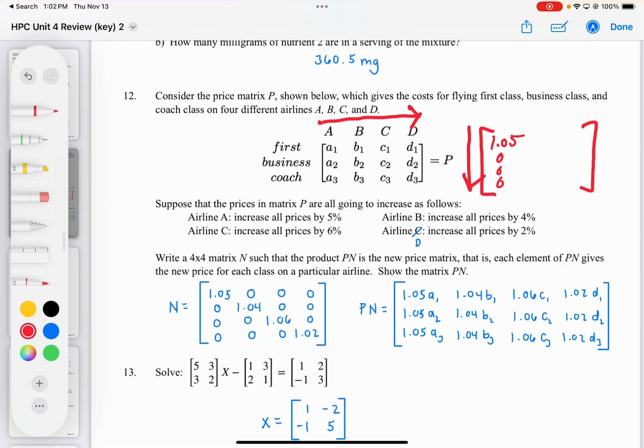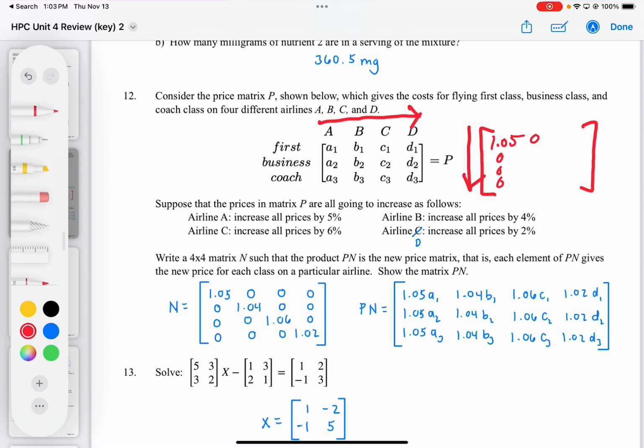Okay, and then 1.04 would be my next value, so I want my next column. If I multiply by my row and then by my next column, that first entry I want to be a 0 because I don't want anything that hits A sub 1.